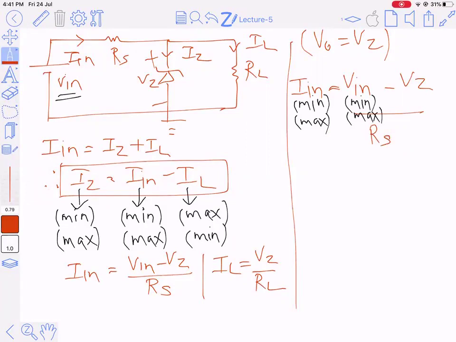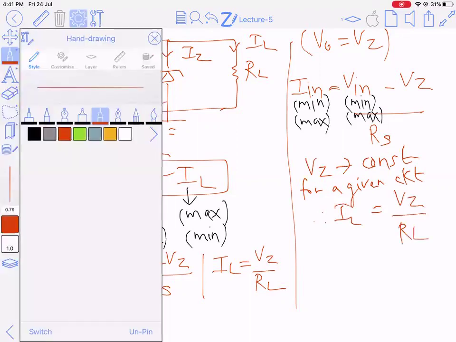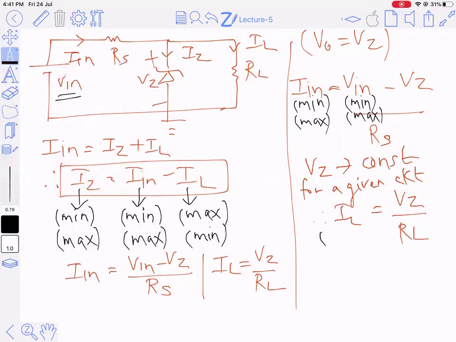Similarly, we know that for a given circuit, Vz is constant. So for IL, we have the formula Vz by RL. When IL is minimum, the denominator has to be maximum. More the value of resistance, less is the current. When this is maximum, this has to be minimum.